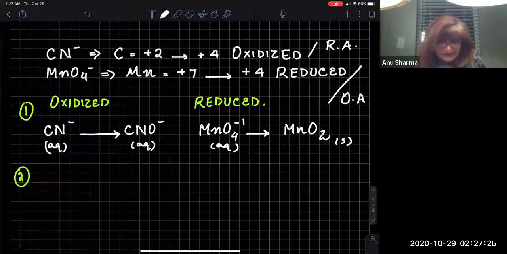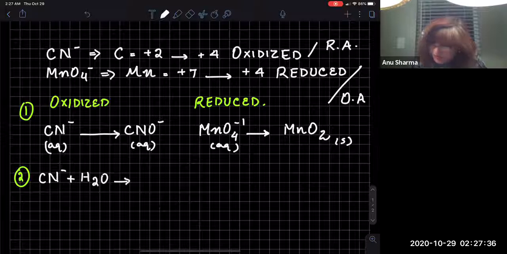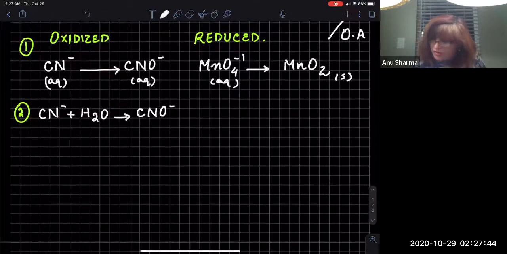So next you are going to take the CN, 1 negative, and you're going to add 1 water to it. Why? Because we are only looking at oxygens, and there is only 1 oxygen on the reactant side, so we only need 1 water.